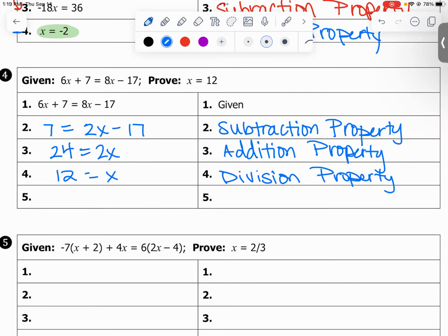That is false. I want you to prove that X equals 12. We have proven that 12 equals X. Do we have a property that can take this and switch it to X equals 12? The symmetric property. Exactly, we flipped it.